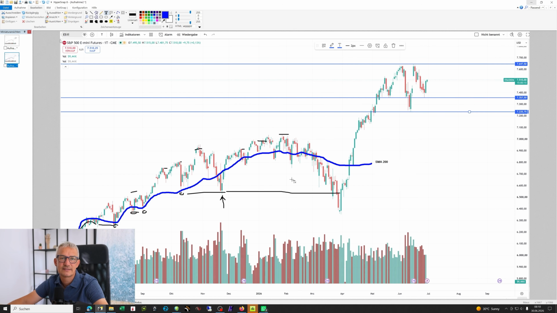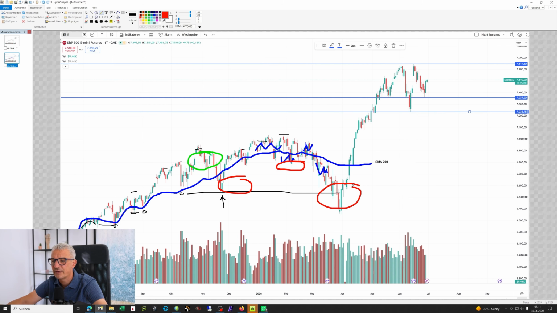It looks like this. And now you can already see here, for example, the market is sometimes above, sometimes below, sometimes above, sometimes below. And many institutional investors simply say that if the market is above the 200-day line, stability is present. If it's below, caution is advised.